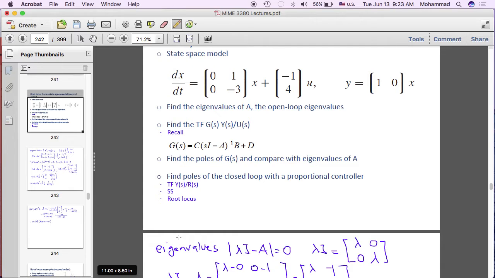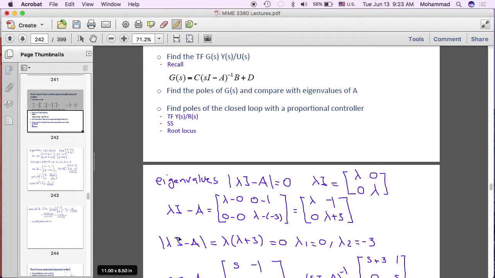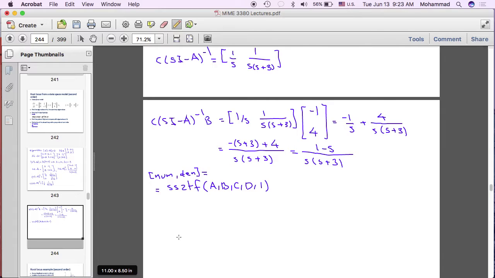Now we want to go ahead and calculate the poles of the transfer function. And still, this is the open loop transfer function. So if you look at the transfer function, can you immediately see the poles? What are the two poles?